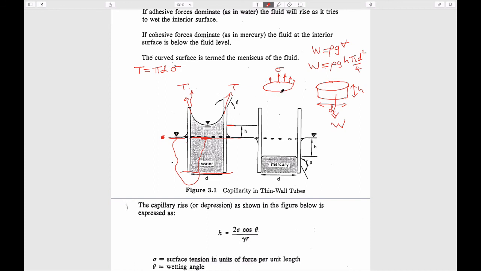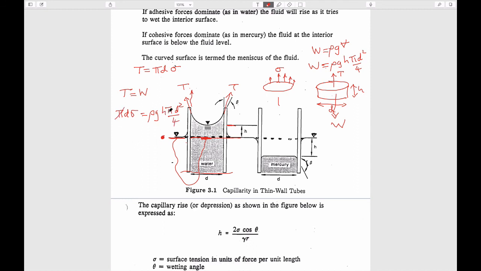And this will give the total force which is pulling up on this, which exactly balances W. So if T is equal to W, then we have pi d sigma is equal to rho g h pi d squared upon 4.